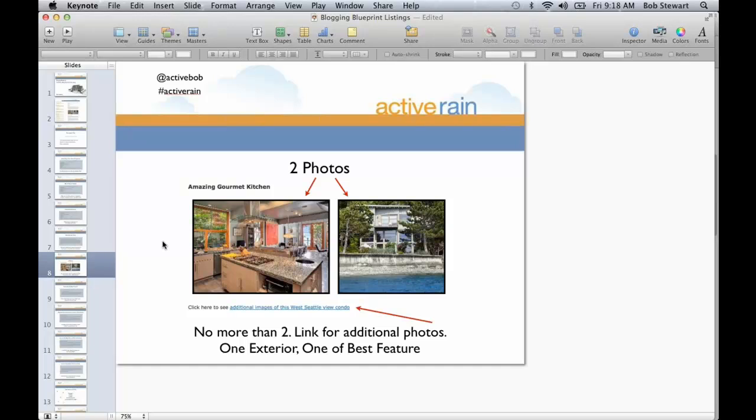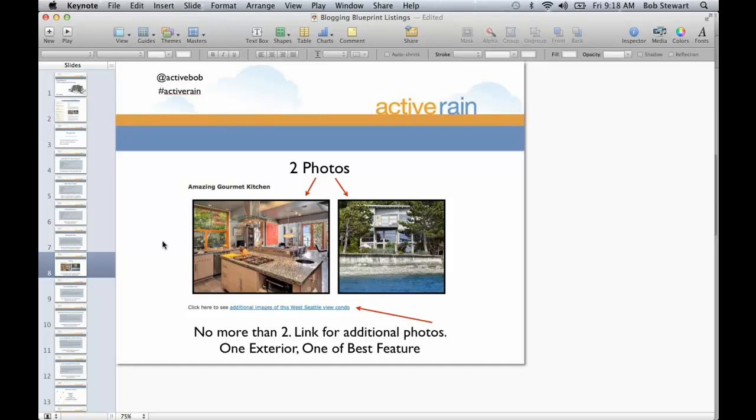We'll talk about that in the next paragraph, but we want that second photo to be of that. And in this case, I used the amazing gourmet kitchen as the feature of the home that I'm going to fully describe and really bring to life in the next paragraph. So that's going to be one of the photos that I use.